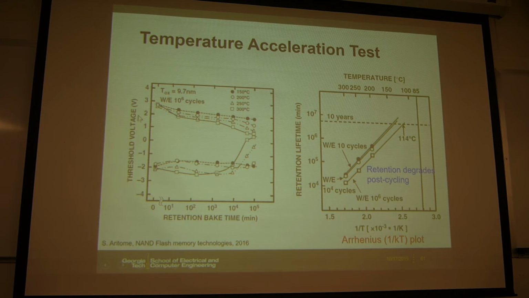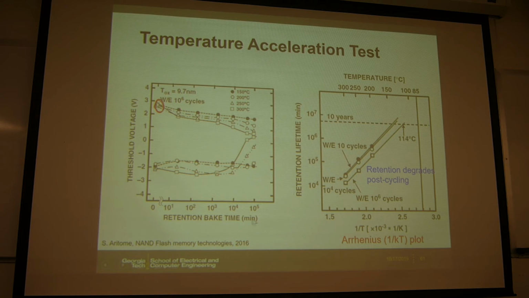So what you will do is to bake your chip at different temperature to accelerate this kind of degradation. And then, for example, let's look at this program state. It starts from here, the threshold voltage close to 3 volts. So what you are going to do, of course, you can cycle the device many cycles, 10 to the power 6 cycles. This is post-cycling, and you are looking at the end of the lifetime of the cell, and then you do the baking, okay, at different temperature from, let's say, 150 degrees C up to 300 degrees C, and then you will measure the threshold voltage over baking time.